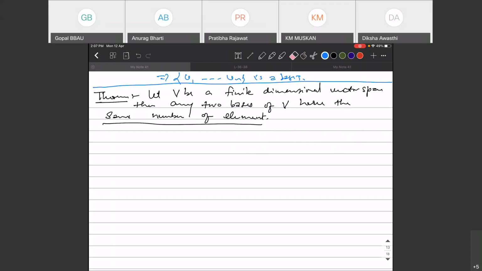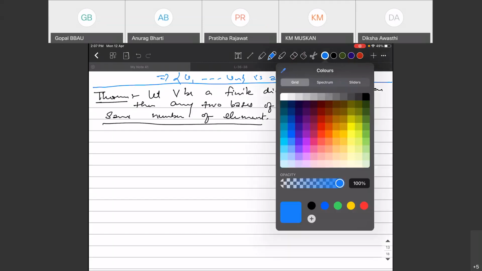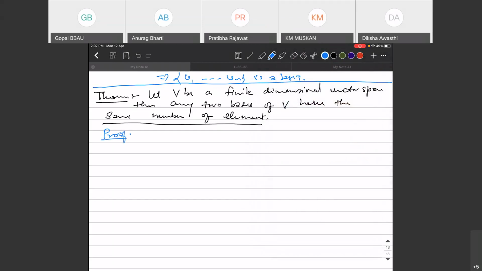Okay, let's do this. Proof. So how do you do this? Assume we have two different bases, {e1, e2, ..., en}, and two different bases means take these two sets and assume that these two are bases. So in the first set, we have n elements, here we have l elements, here m elements. Okay.